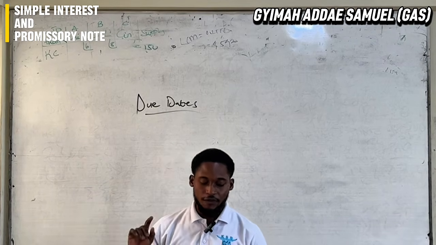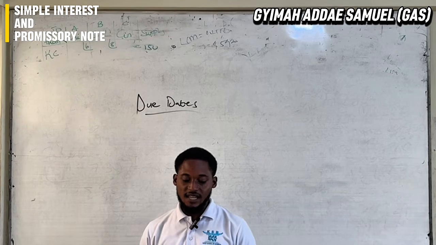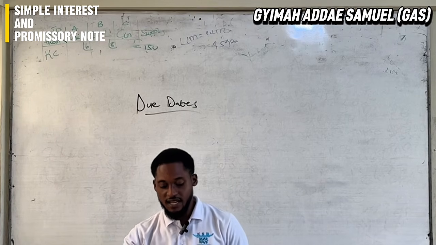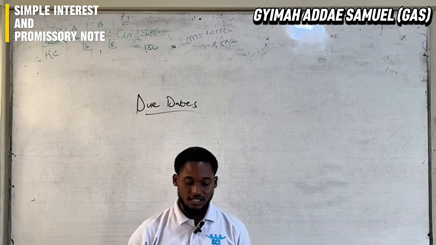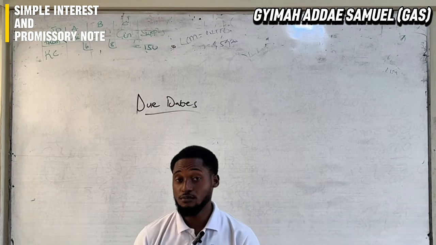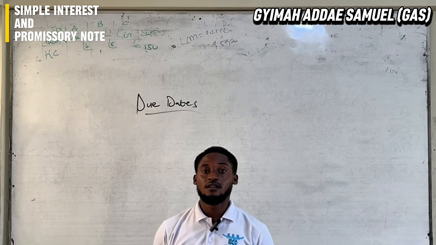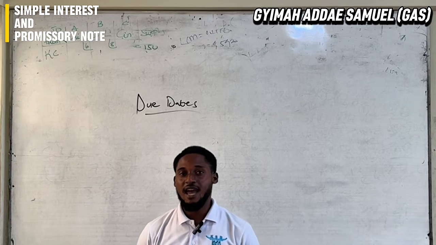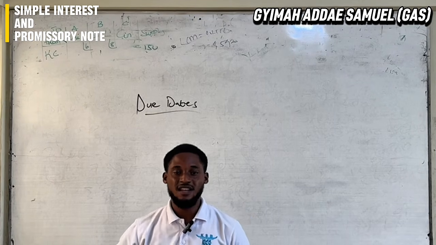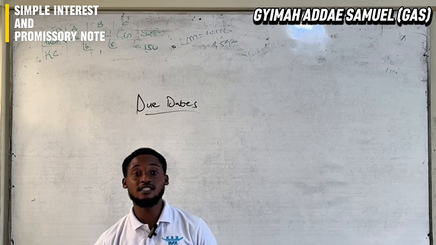If the due date of a loan falls on a non-business day, the maturity date is either the last working day before the due date or the next working day, with additional interest charged on any additional day. What this means is that, let's say today is 10th March, and I ask you to pay the loan on 10th April, but 10th April is a holiday.